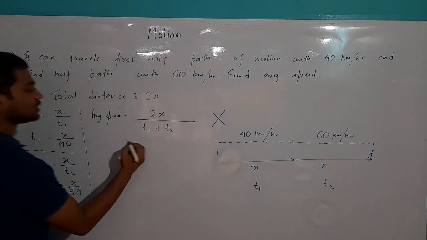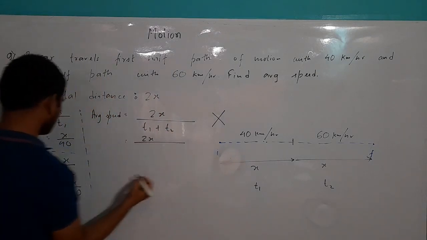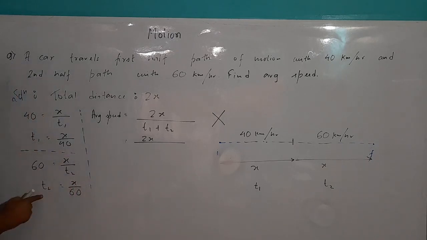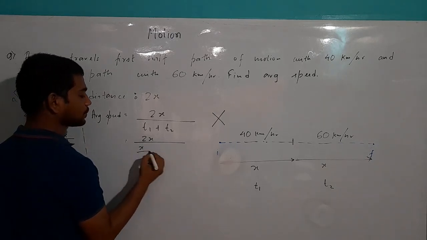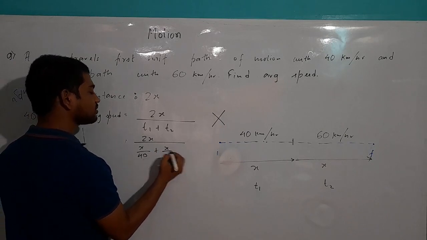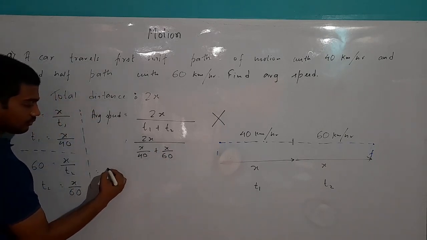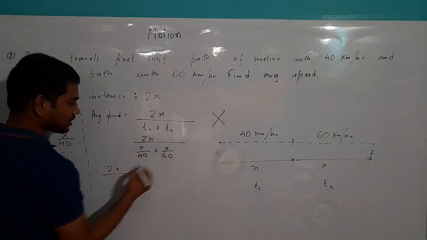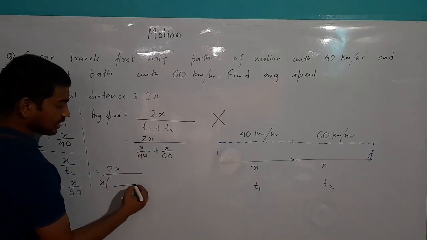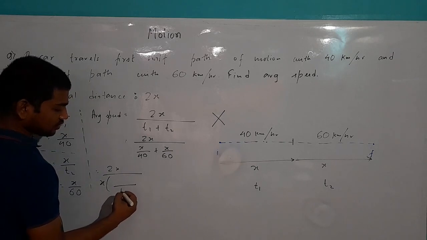So let's put the values here. t1 is x by 40, t2 is x by 60. So twice x divided by x by 40 plus x by 60, all right? You can take x common, and LCM of 60 and 40 will be 120.